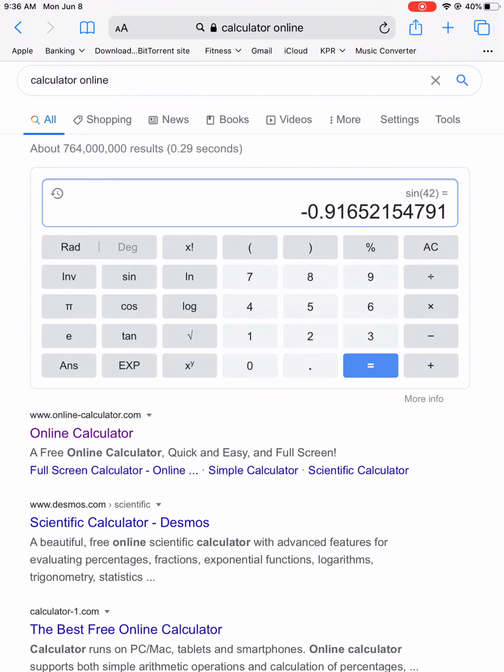The answer I got was negative 0.9165. Okay, I think my calculator's in radians. Let's try again. There we go. So sine 42 is equal to 0.6691. Okay.